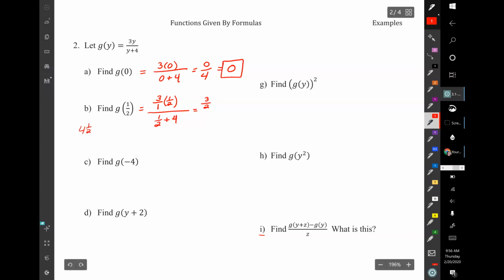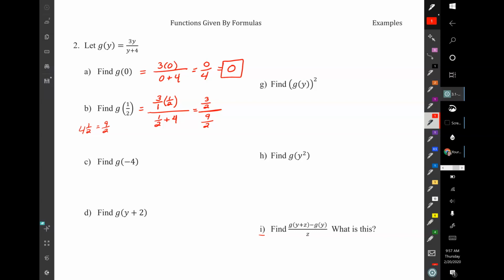And then we could make that an improper fraction. 4 times 2 is 8, plus 1 is 9 over 2. You can just do that in your head. And so I'm going to write that here. You don't have to think about getting a common denominator. You could. It would just be 8 over 2, and then you'd have 9/2 either way. However you want to look at it, just compute that in your head, 9/2. Those are the kind of things you shouldn't need a calculator for. Just work on it, practice it, get fluent with that.